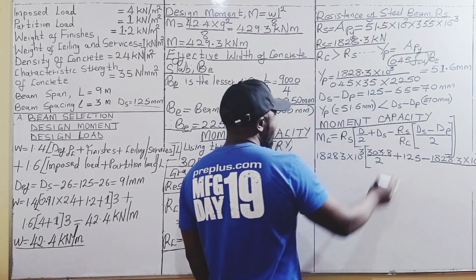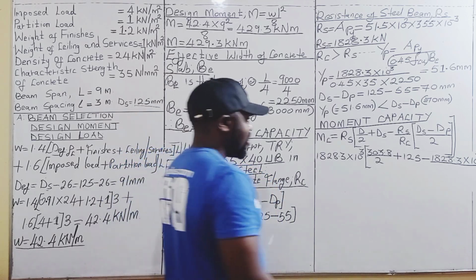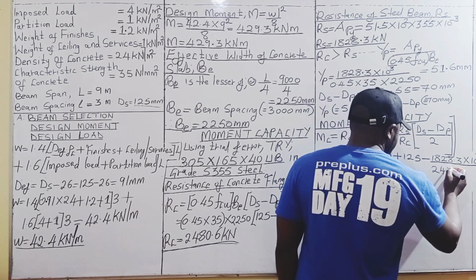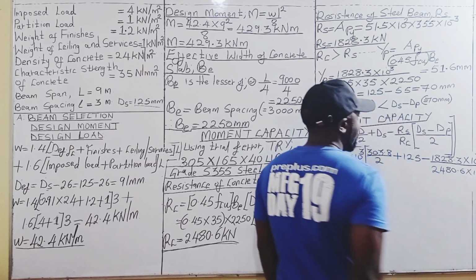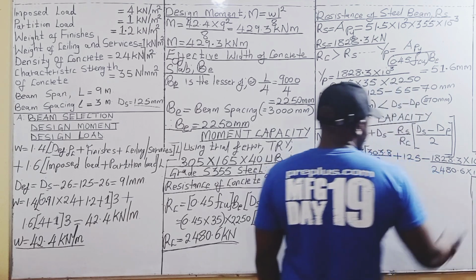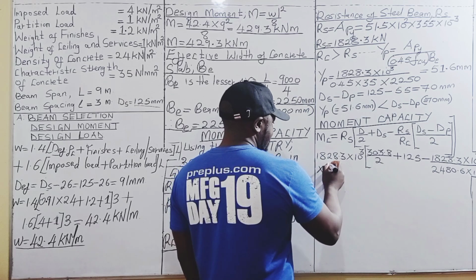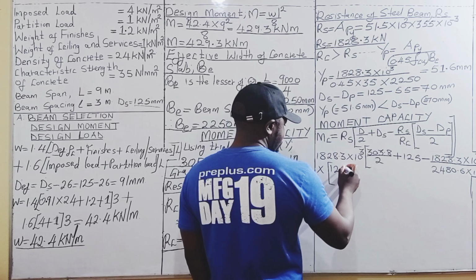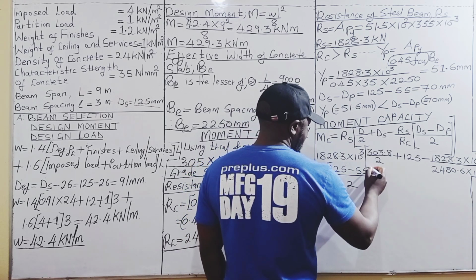Divide this by RC, which is 2480.6 kilonewtons. We also convert it to newtons, therefore divide that by 2480.6 times 10 raised to the power of 3, which will be multiplied by ds minus dp, that is ds 125, dp 55, divided by 2.